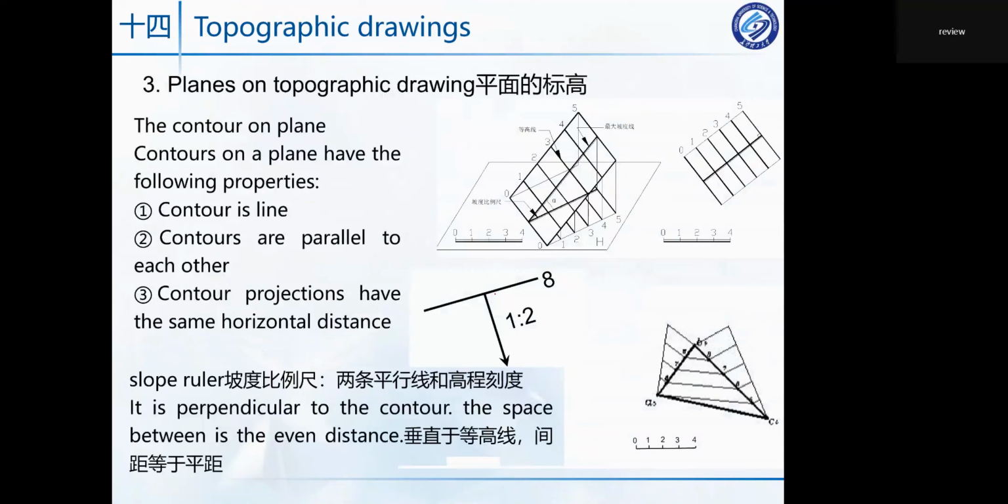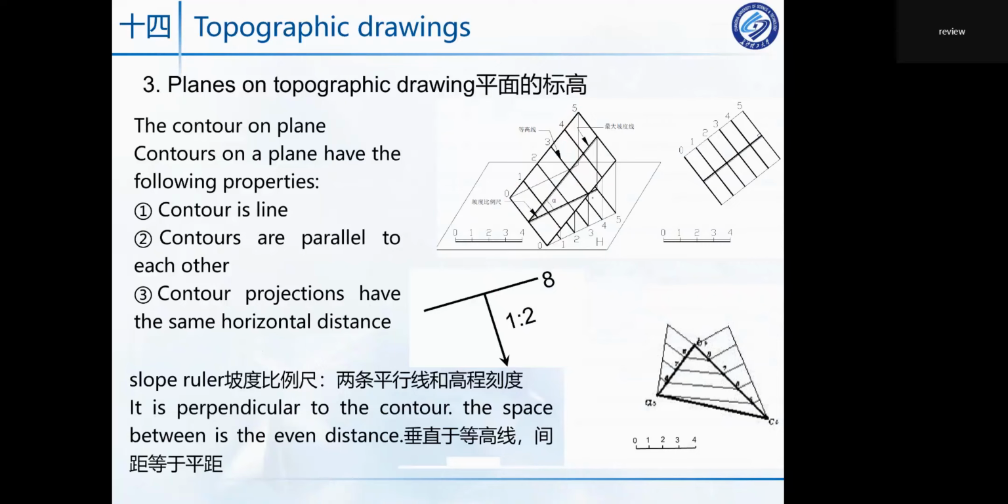And now we know the slope of a line. So how about the slope of a plane, of a given plane? As for this plane, you can see there are many contour lines with different elevations, and they are parallel to each other.